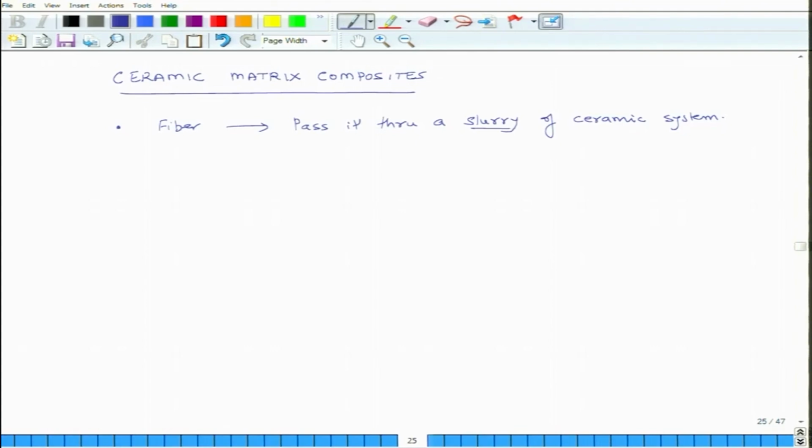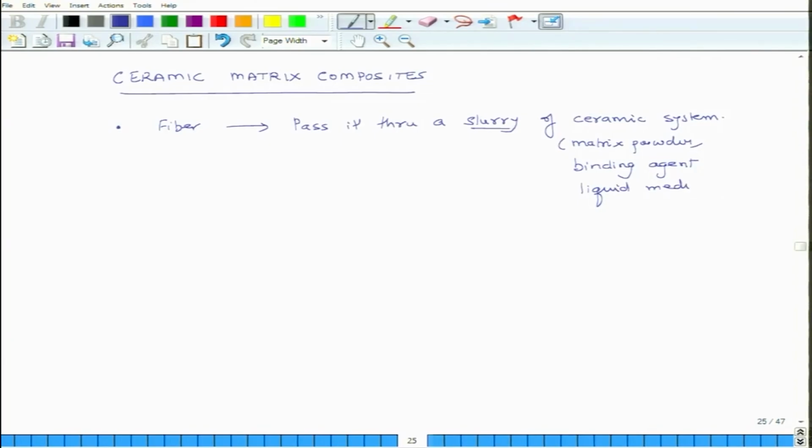What does the slurry contain? It contains the matrix powder, it also contains a binding agent, and it also contains a fluid medium, a liquid medium.